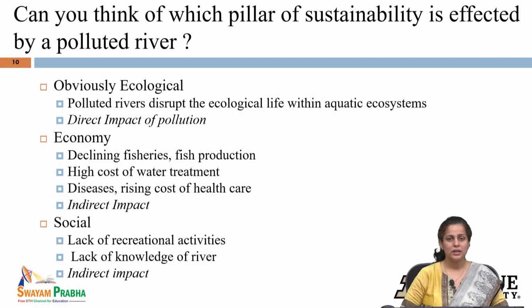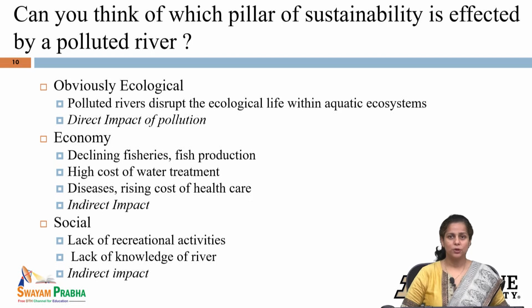Hence, when we look at any problem and we use these three different pillars of sustainability, it helps us to identify both the direct and indirect linkages of the sustainability challenges we can face in these problems.